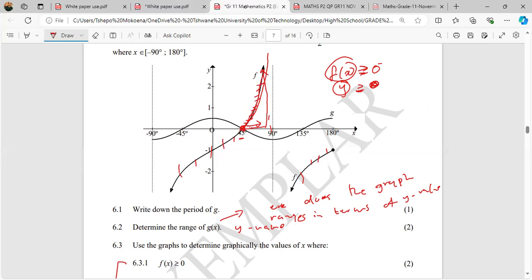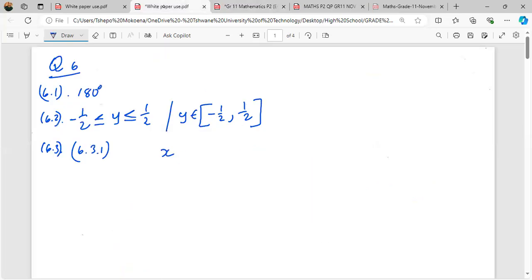So we're going to say it is whereby x is less than 90 degrees, but greater than or equal to 45 degrees.